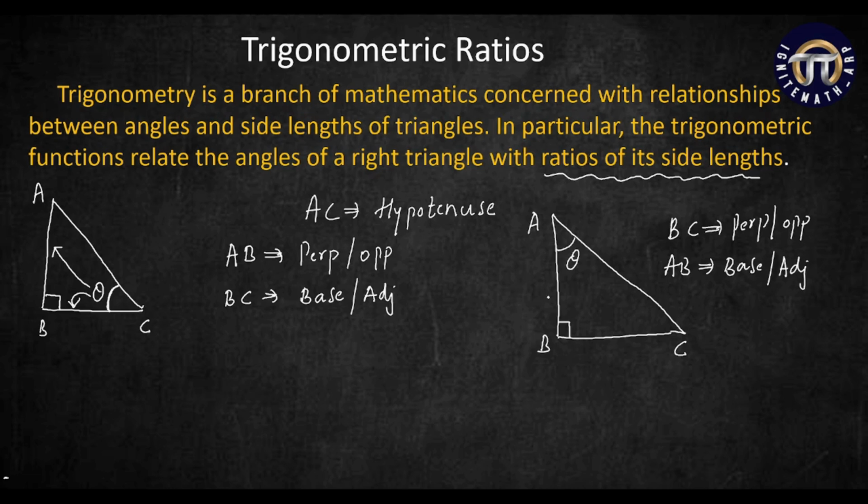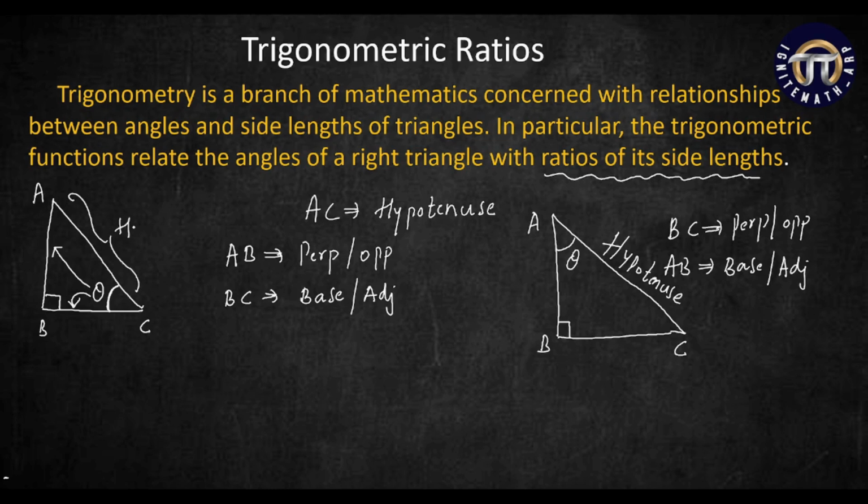So the base and the opposite may change, the perpendicular and the adjacent may change, but always AC is the hypotenuse. Keep in mind, the hypotenuse will not change. Again here AC itself is called the hypotenuse.